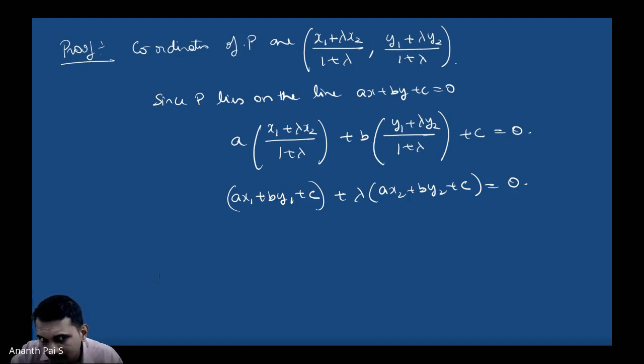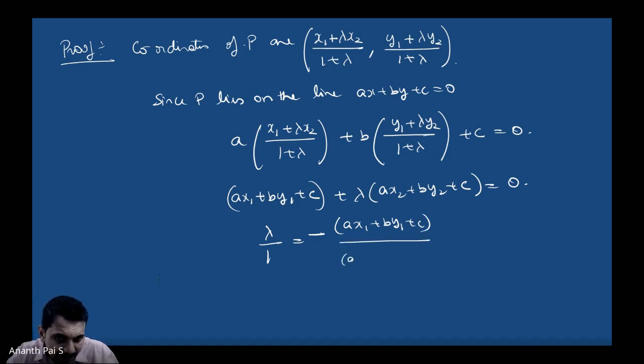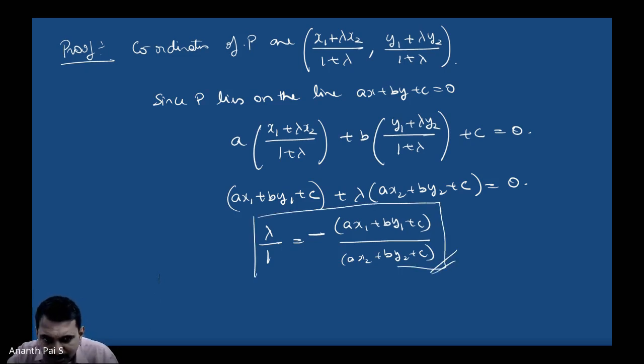Makes sense? Or I can write this one as lambda by 1 is equal to minus ax1 plus by1 plus c divided by ax2 plus by2 plus c. Done, done, done. So easy.